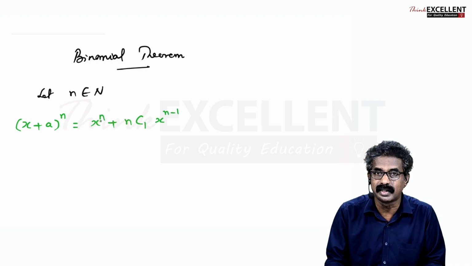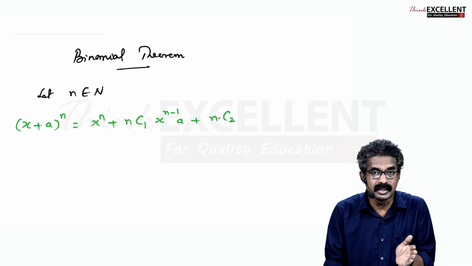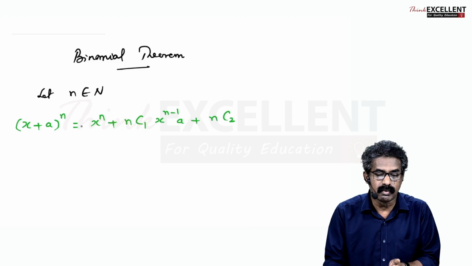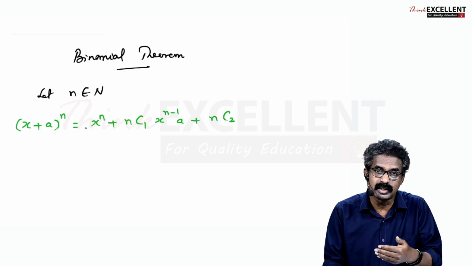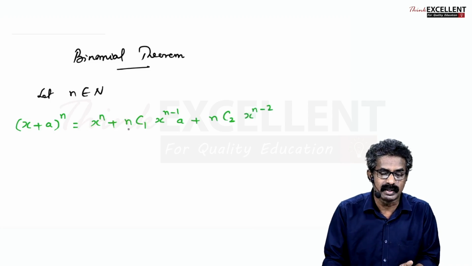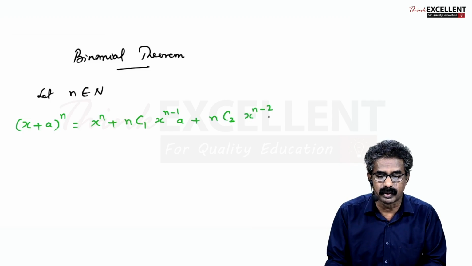The first time we are not writing a, now we write a. Plus nC2, first we started with nC1, now nC2. X power reduces one more: first x raised to n, then x raised to n minus 1, then x raised to n minus 2. A power increases. First term there is no a, second term a raised to 1, now a square.